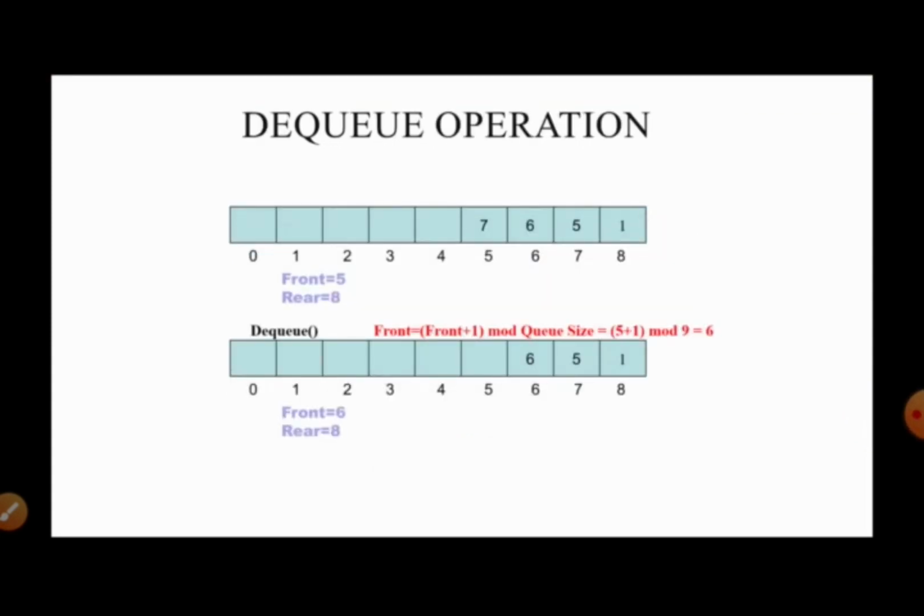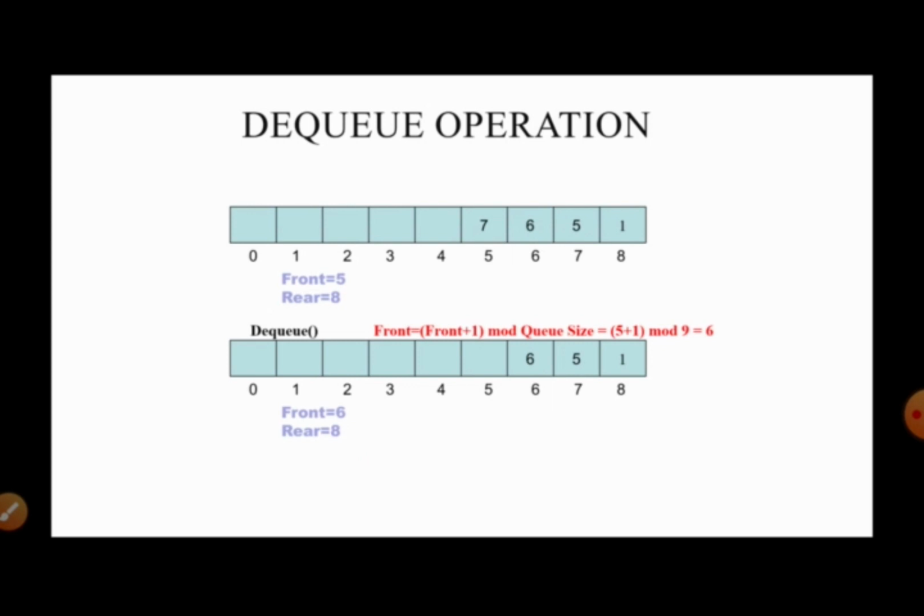So for dequeue, we will apply the same process and the same formula, but now we will change the front rather than rear. Consider this scenario when front is at index 5 and the rear is at index 8.